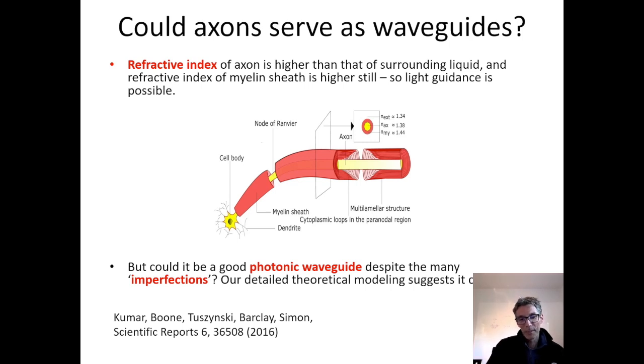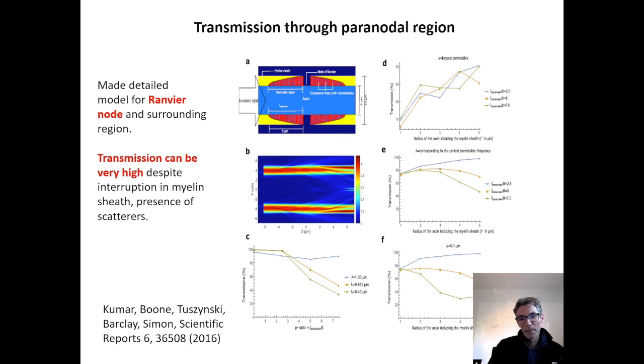So then we made a quite detailed model to investigate that question. For example, here we modeled the nodes of Ranvier, because the myelin sheath for real axons is from time to time interrupted in these nodes of Ranvier. So we tried to make a realistic model for these nodes. And we found that transmission can be high despite these interruptions. So that was encouraging.